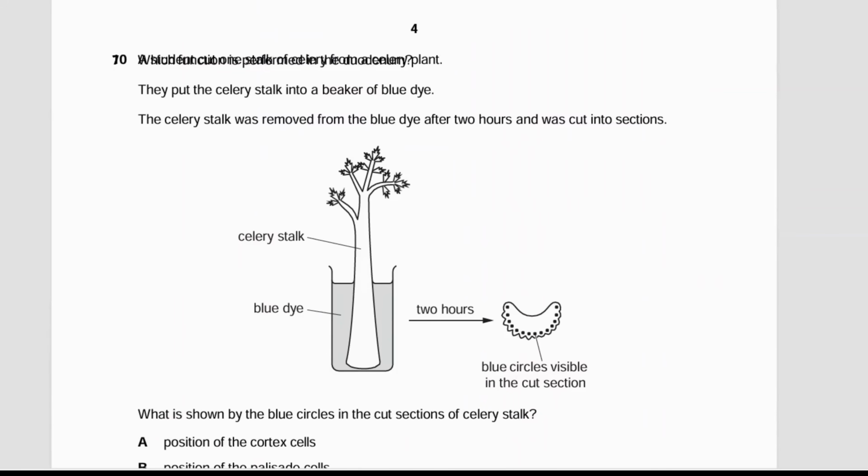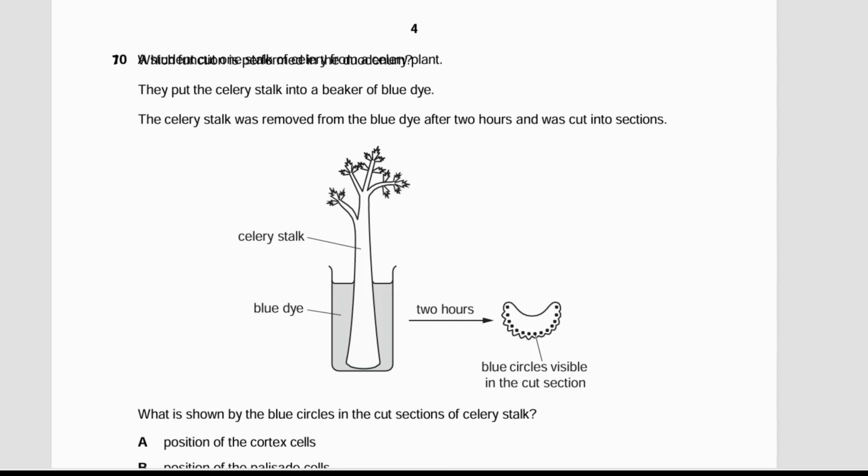Okay. The question is, I don't know, I've done something while copying these. Okay, the statement for 10th. A student cut one stalk of celery from the celery plant, and they put the celery stalk into a beaker of blue dye.